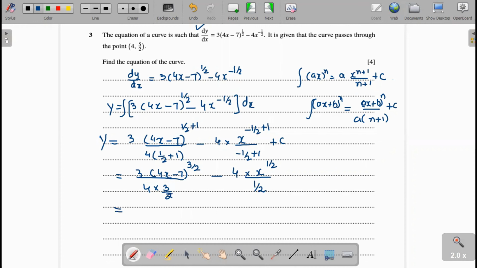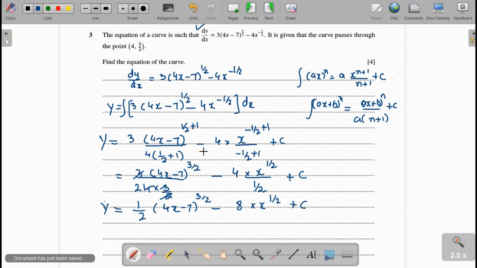Now we get 1/2 (4x minus 7) to the power 3/2 minus 8 into x to the power 1/2 plus c.